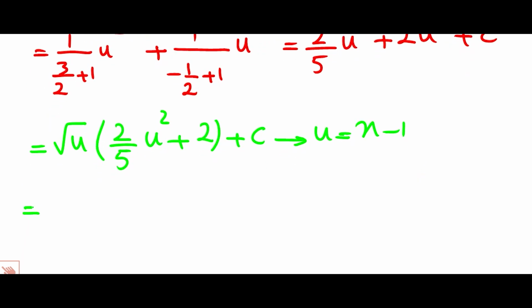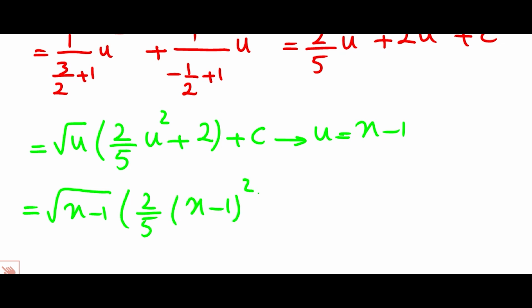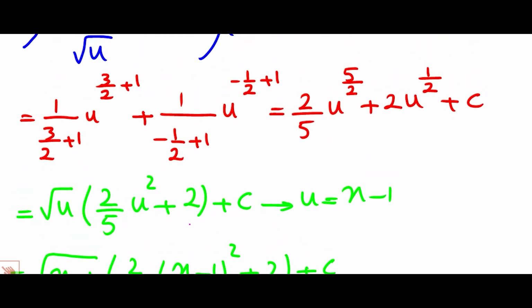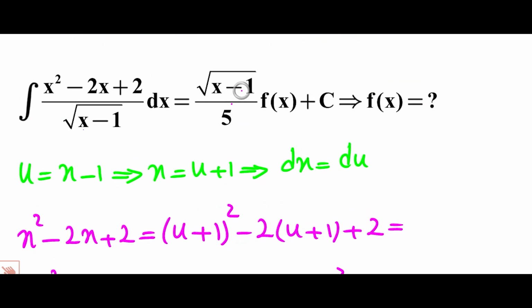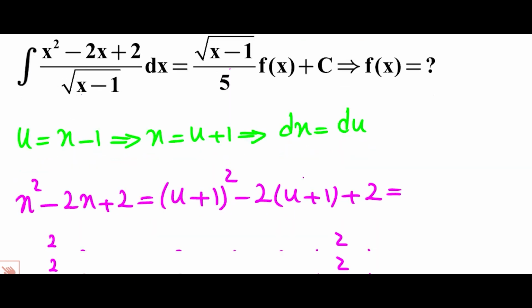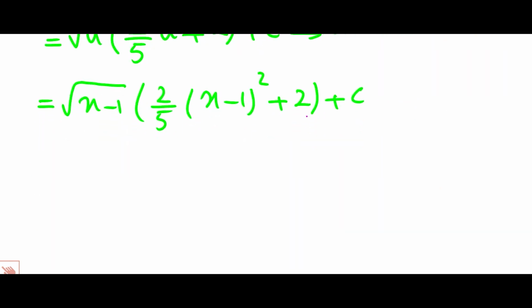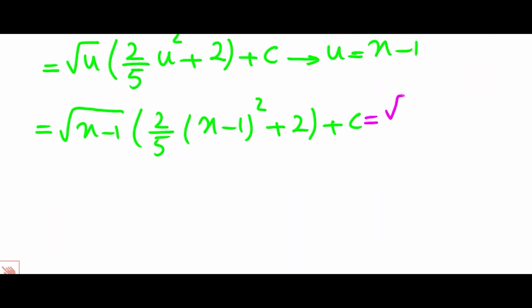So we have the square root of x minus 1 times (2 over 5 times (x minus 1) squared plus 2) plus c. And we are told this equals the square root of x minus 1 over 5 times f of x, right?